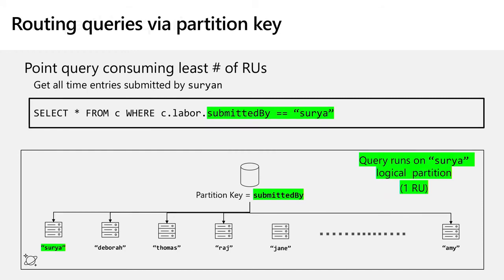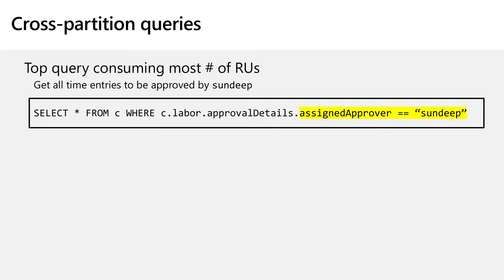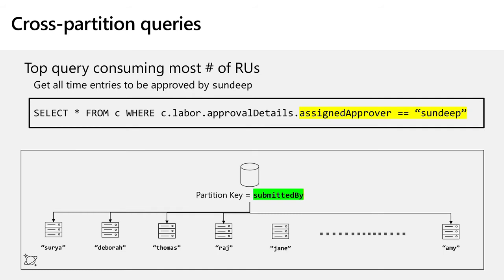So let's see a second example of a cross-partition query. So here, an approver is trying to approve all the labor that is submitted where he is the approver, Sandeep is the approver. So select star from C where assigned approver equal to Sandeep. So what does Cosmos DB do in this case?